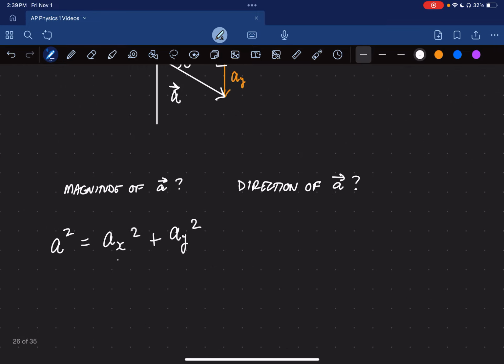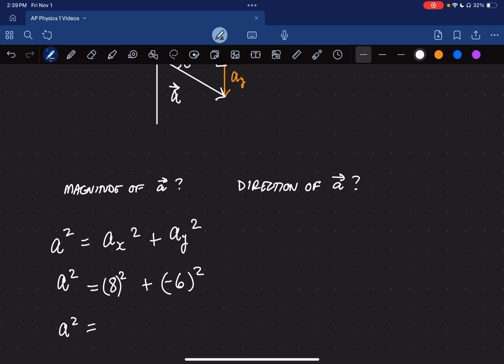So I think ax was 8, and ay was -6. Now when you put these in, get in the habit of writing them in parentheses, because you should not get a negative value for -6 squared once you resolve that.